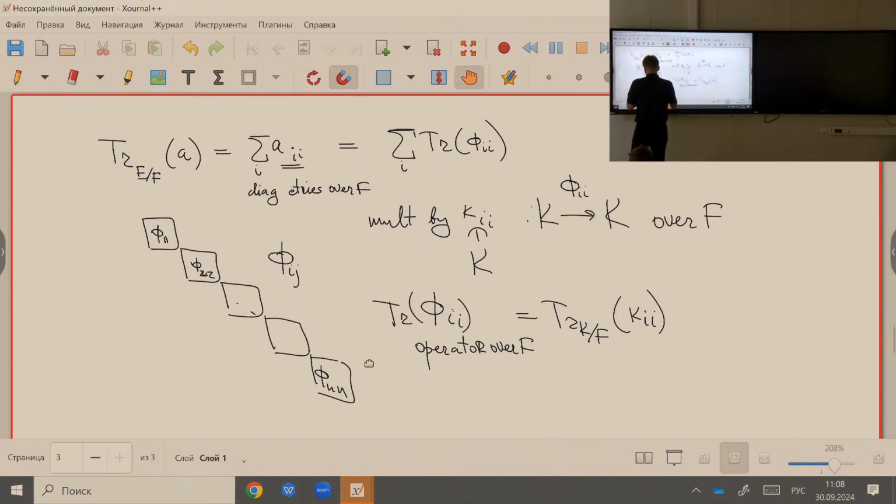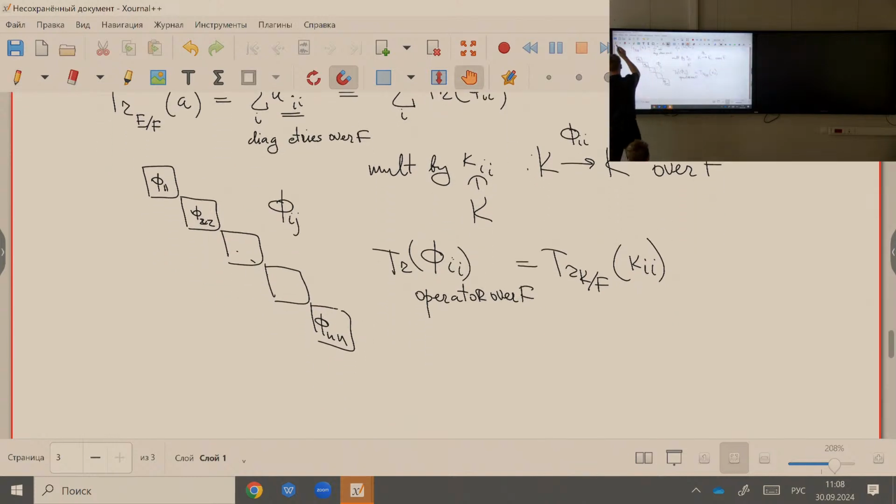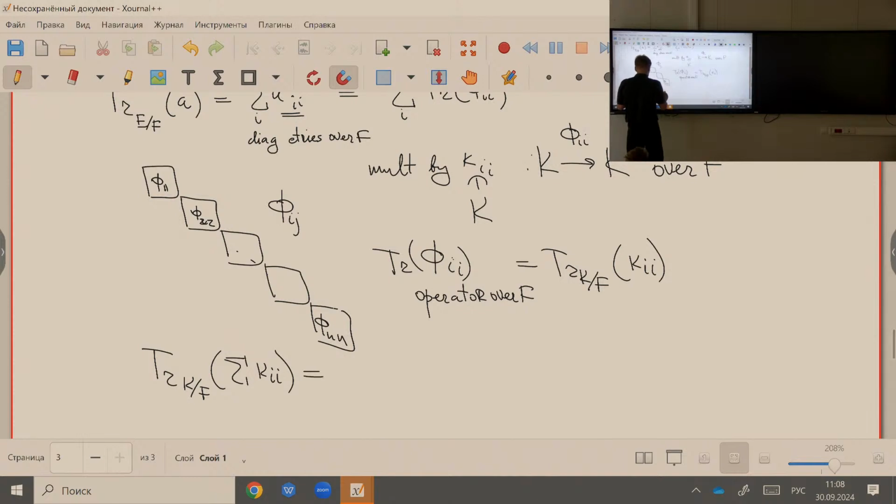And so here you are using that the trace of K over F of the sum of k_ii is written as the trace over F of the sum of the operators of phi_i.